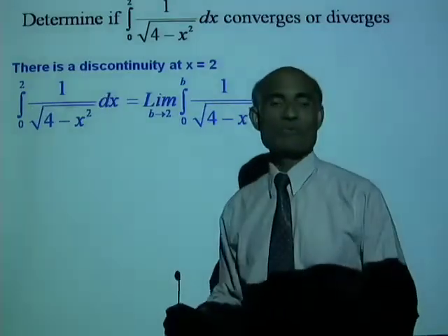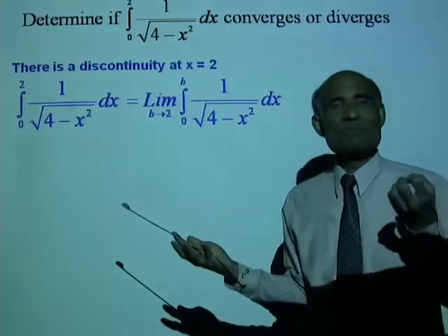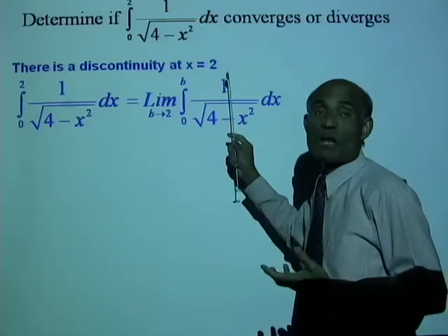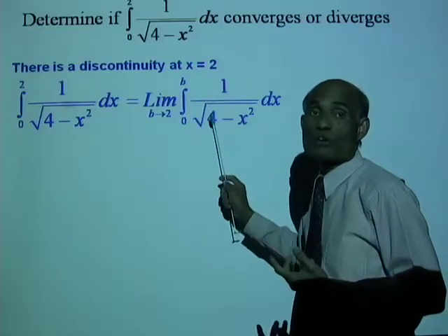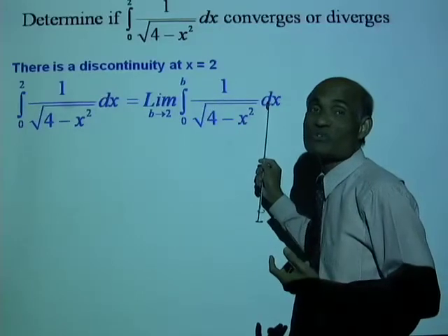Alright, now, how do we integrate this? This is actually a standard integral you should be able to pick out quickly. This is of the form integral 1 over square root a squared minus u squared du.